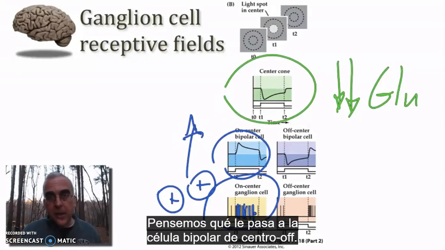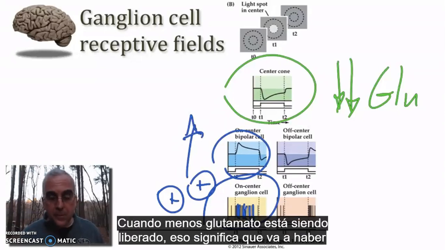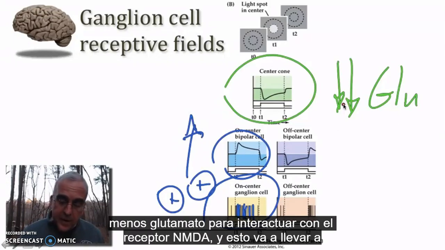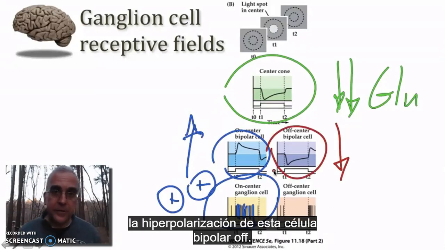Now let's think about what happens to the off-center bipolar cell. So when there's less glutamate being released, that means that there's going to be less glutamate to interact with the AMPA receptor, and that's going to lead to the hyperpolarization of this off-bipolar cell.